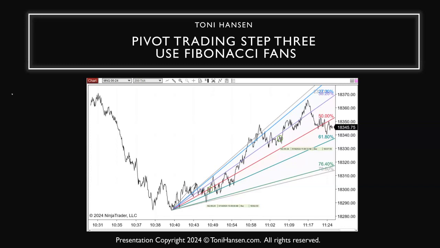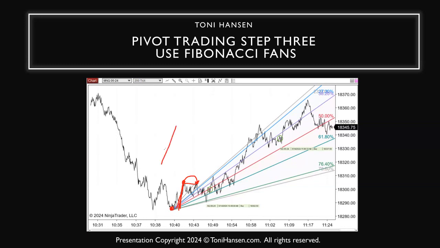Now, if the momentum is stronger than average, so you get a stronger impulse move up like this, we can't use the low to the high of that impulse move and put our fib fans on there. So what you would do in a situation like that, if you've got two highs, drag your fib fan over to that second high, and that's going to give you the proper level for your Fibonacci fan.